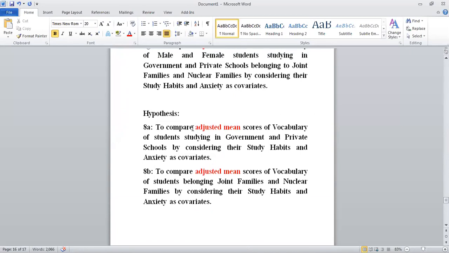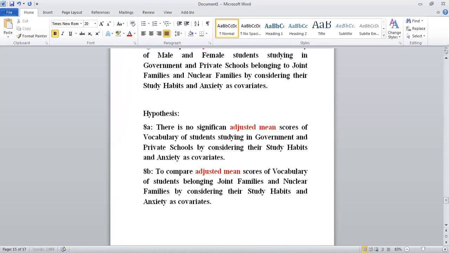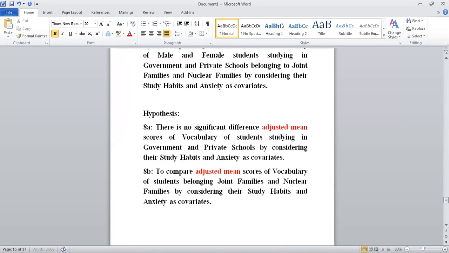I should say here, there is no significant difference in adjusted mean scores of vocabulary of students studying in government and private schools.